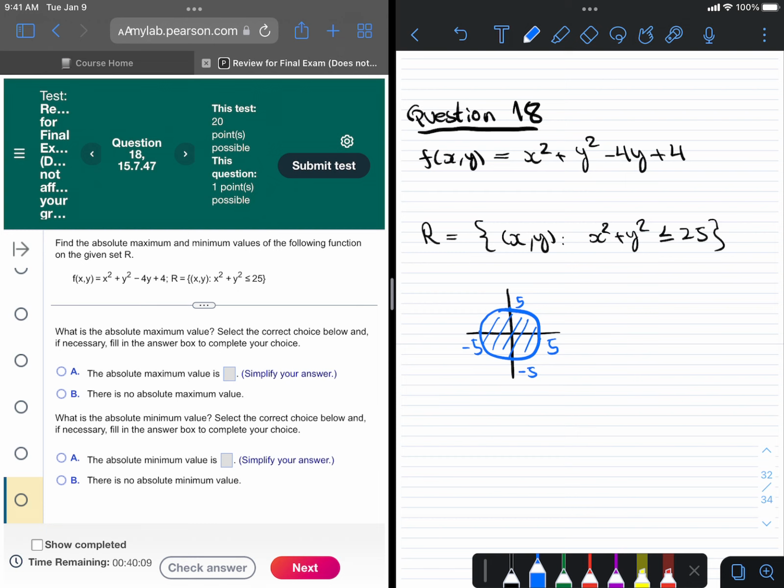So this blue region is everything that we're considering. We're not considering points outside of the circle, just the circle and what's inside of it.